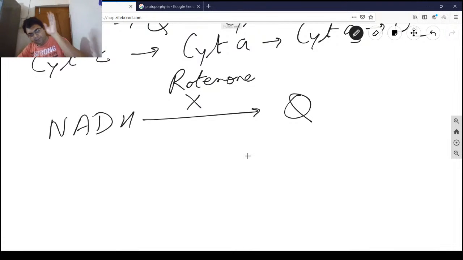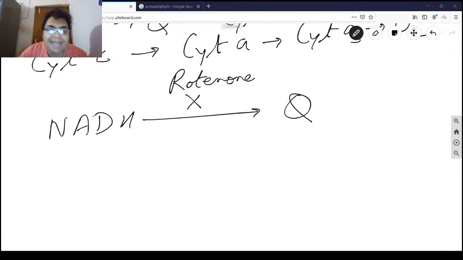And if electron flow is obstructed, we will not be able to generate the electrochemical gradient by the chemiosmotic theory. Thereby, the H pluses will not become high in concentration in the intermembrane space, and then they cannot return via the F1 F0 ATPase or complex 5, and then ATP cannot be generated, and due to lack of ATP, the cell will eventually undergo necrosis or death.